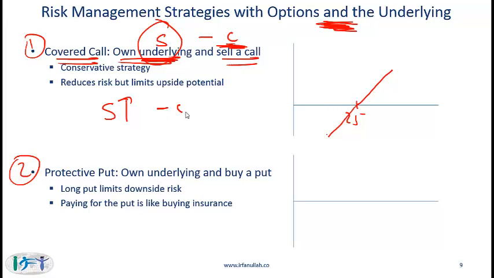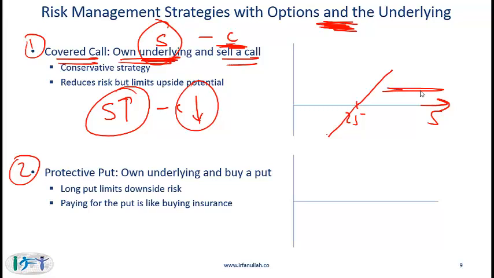So with a short call position you are actually going to lose money. Since these two are moving in opposite directions, what you can tell here is that as the stock price goes up, the combined position, the covered call position, is going to be flat, because the stock going up is going to be offset by the short call coming down.